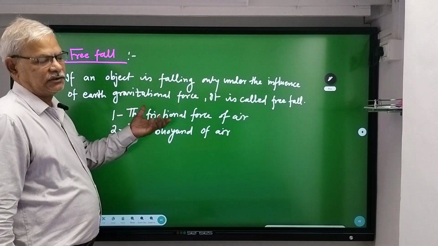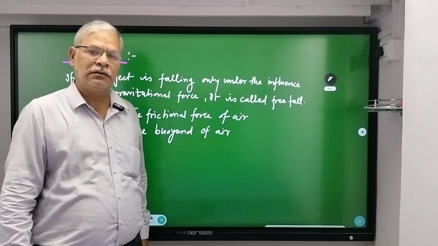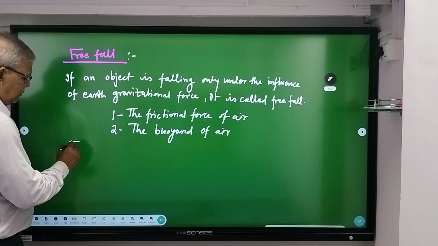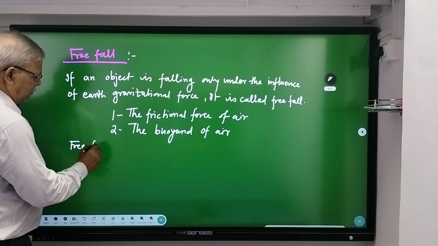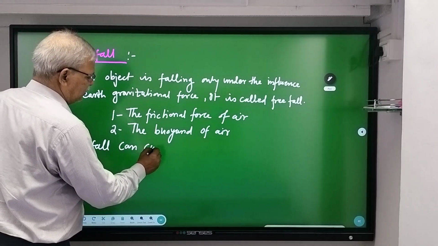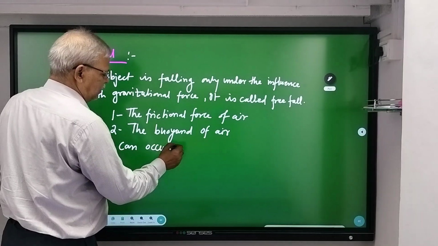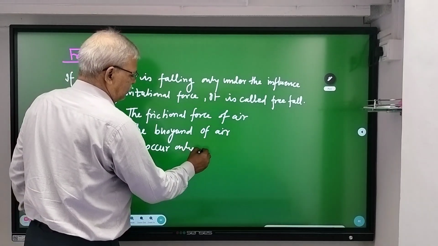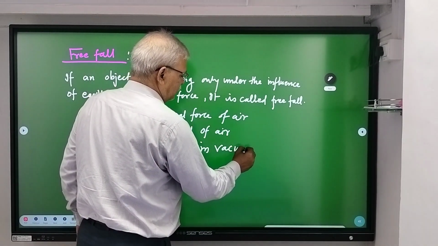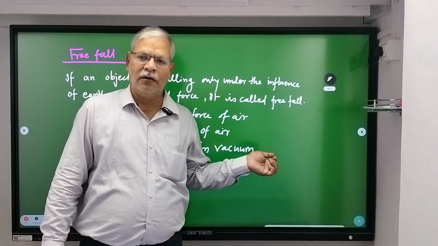These two forces are automatically applied on the object. Therefore, free fall can occur only in vacuum.